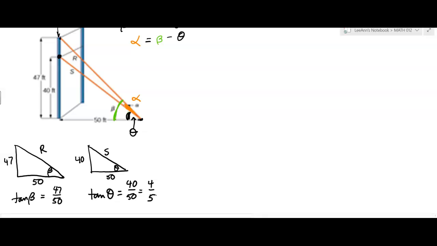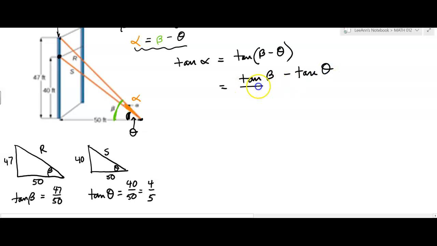Now, I'm going to use that information. I'm trying to find alpha. I'm going to use tangent, so the tangent of alpha is equal to the tangent of beta minus theta. We have a formula for that: tangent beta minus tangent theta over 1 plus tangent beta tangent theta.